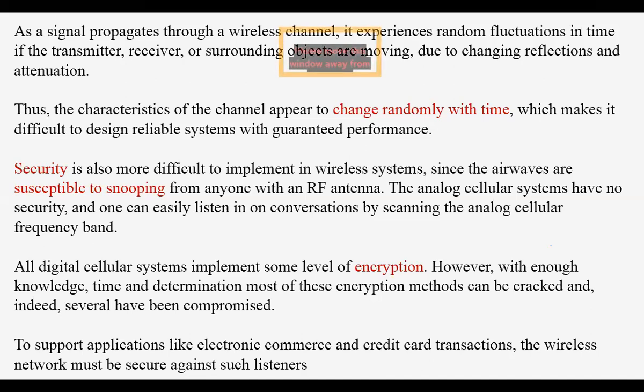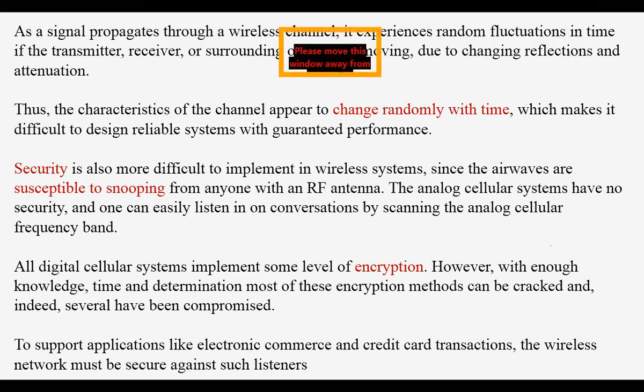The random fluctuation in time: if the transmitter, receiver, or surrounding objects are moving, the reflections and attenuation change, so the characteristics of the channel appear to change randomly with time, which makes it difficult to design a reliable system with guaranteed performance. This is one very important challenge that we have to model. So we have to model a specific channel: how to model the wireless channel. The next point of our discussion is based on modeling the wireless channel.